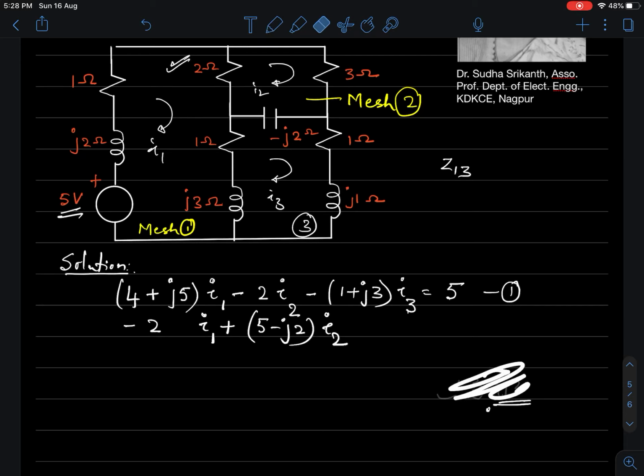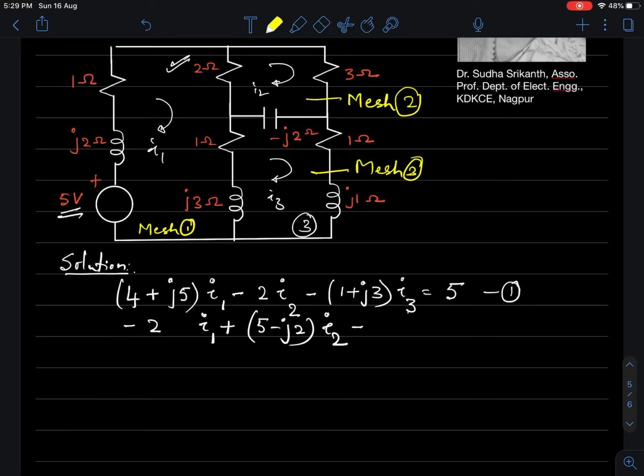Now, what is the third element? The third element is what is common between the second and the third mesh. That has to be taken with a negative sign, so I'll put the negative sign first. What is common between mesh 2 and mesh 3? Where is my mesh 3? This is my mesh 3.